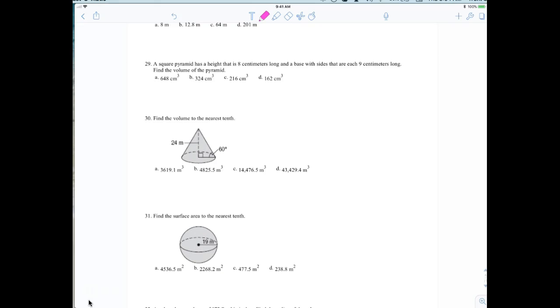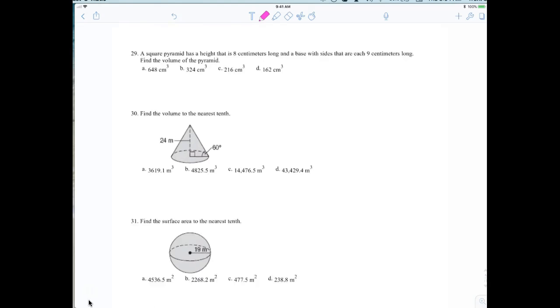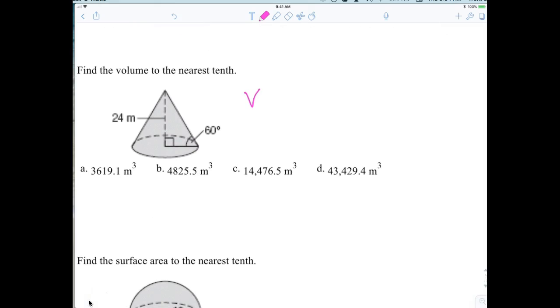It's B. Find the volume. So the formula, you just have to know the shape. Volume equals 1/3 pi r squared times h, right? And so this right here is 30, correct?